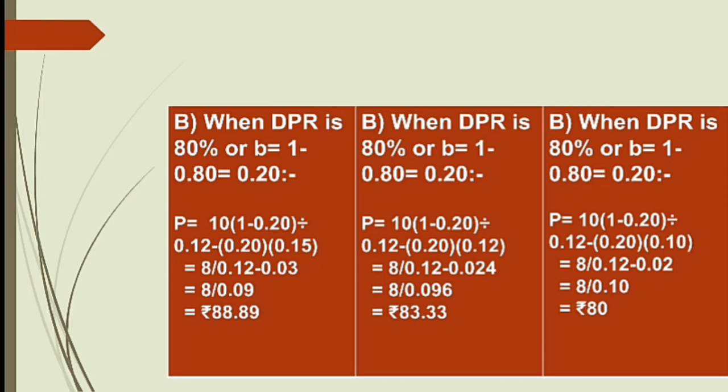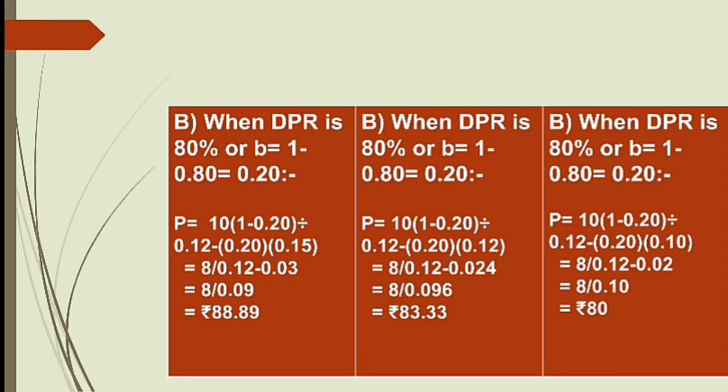Now we put the values of B, R and E, earning per share, in the formula: P equals 10 multiplied by 1 minus 0.20, divided by 0.12 minus 0.20 multiplied by 0.15. The formula to remember is E multiplied by 1 minus B, divided by K minus BR.